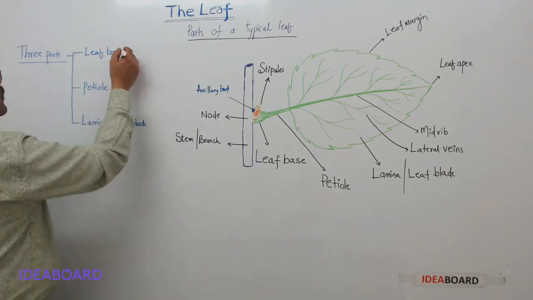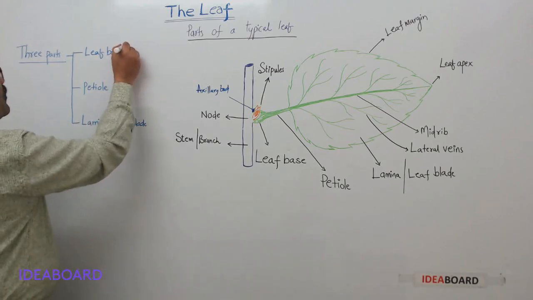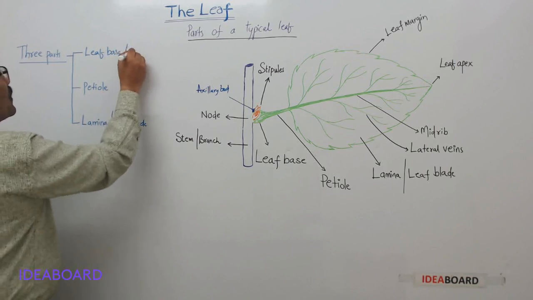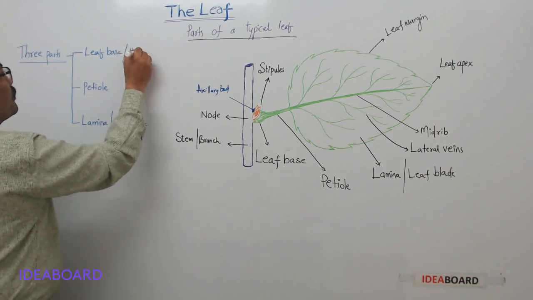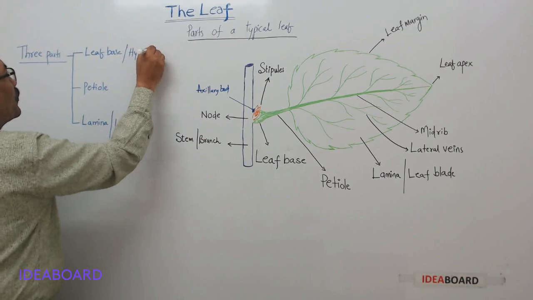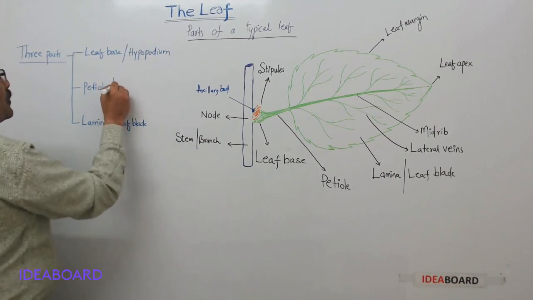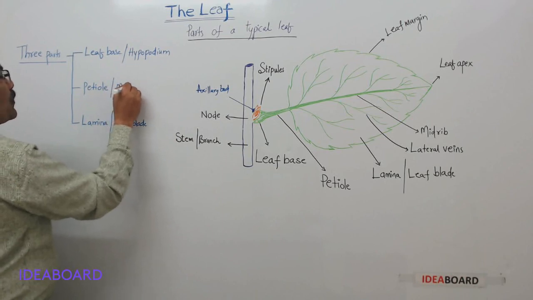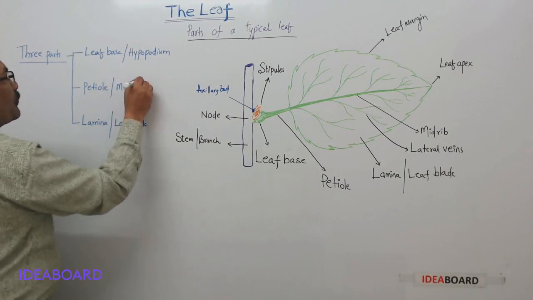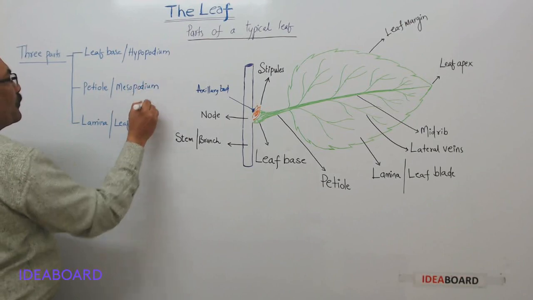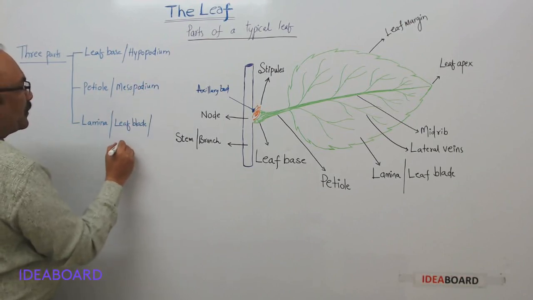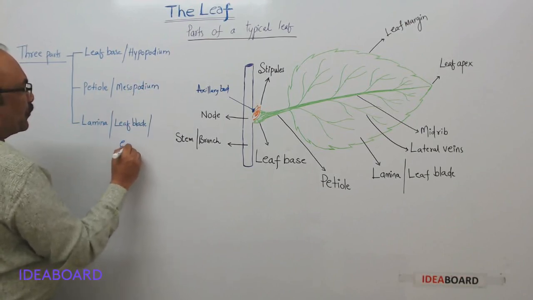And of course, remember some technical terms are there. This leaf base is also called hypopodium, and the petiole is called mesopodium. And the lamina is also called epipodium.